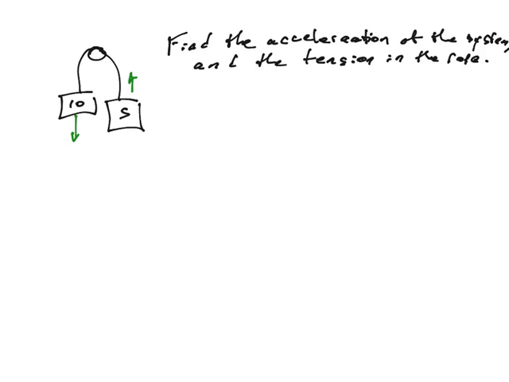Let's call this guy, the block of 5 kilograms, block 1. And the other guy, block 2. Since I have two different blocks, I need two different equations. Each block will have its own equation. So let's look at block 1.